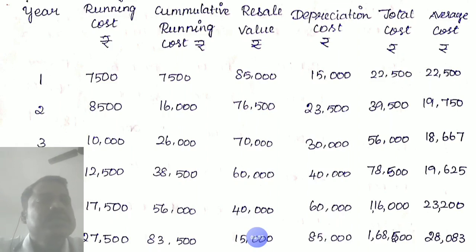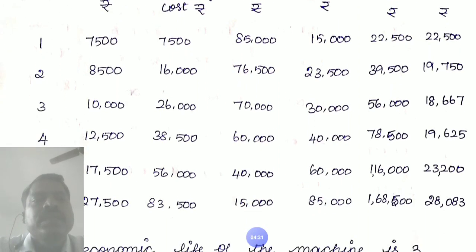Then total cost 39,500, average cost 19,750. That is the total cost of the second year, 39,500. Average cost, number of years is 2. Therefore, 39,500 divided by 2 equals 19,750.